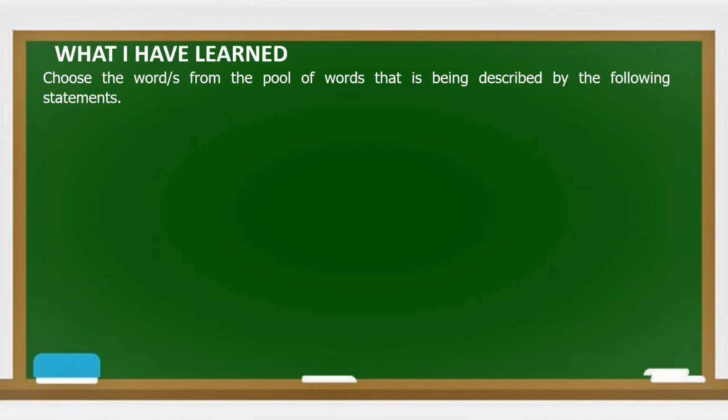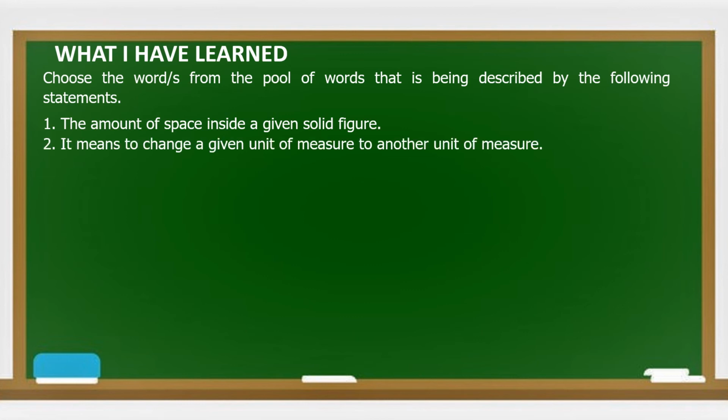Let us check what you have learned. Choose the word or words from the pool of words that is being described by the following statements. 1. The amount of space inside a given solid figure. 2. It means to change a given unit of measure to another unit of measure. 3.